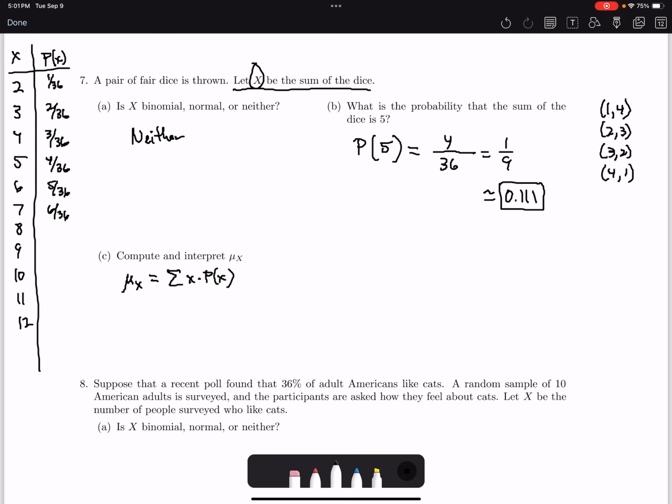But it does start to come down from there, because to roll an 8, let's think, we could have a 6 and a 2, a 5 and a 3, a 4 and a 4, a 3 and a 5, or a 2 and a 6.